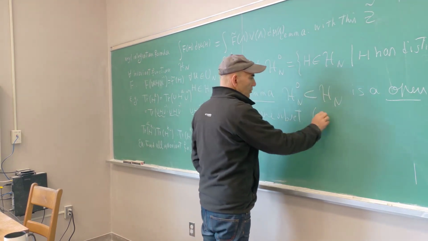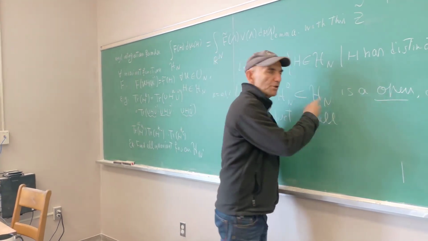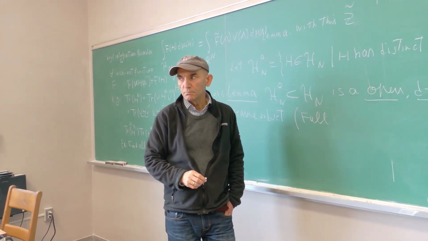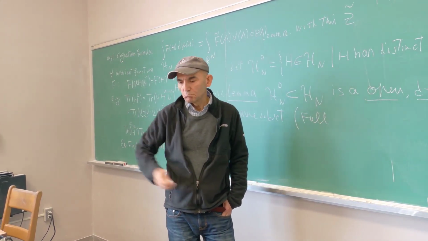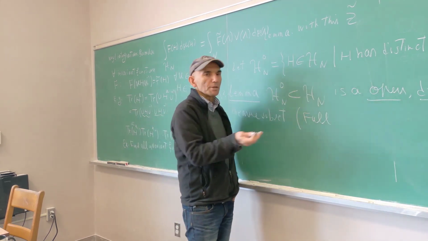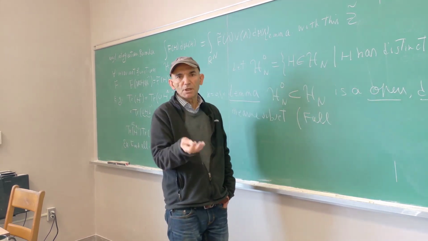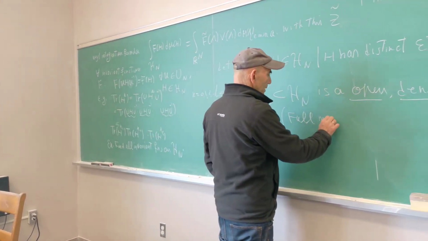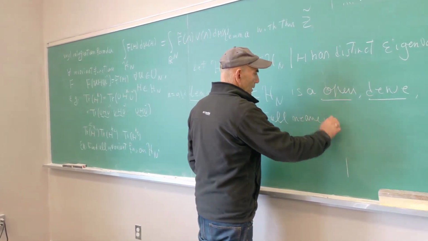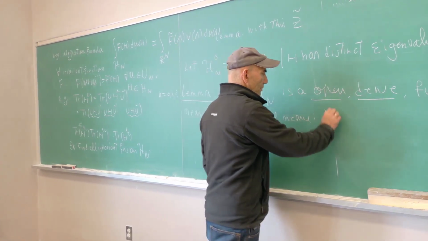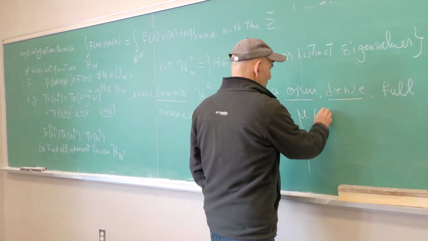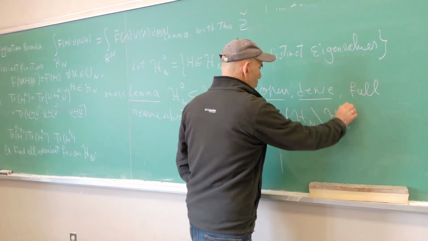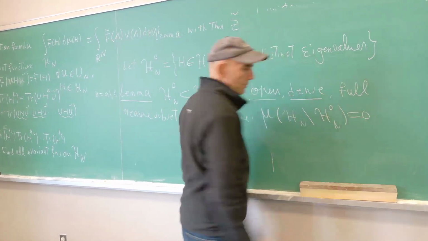Full measure means the following. In the Lebesgue measure, they both have infinite measure, but in the other one they are finite measure. Full measure means really the following: the measure of Hn, if you excise Hn circle, is equal to 0.